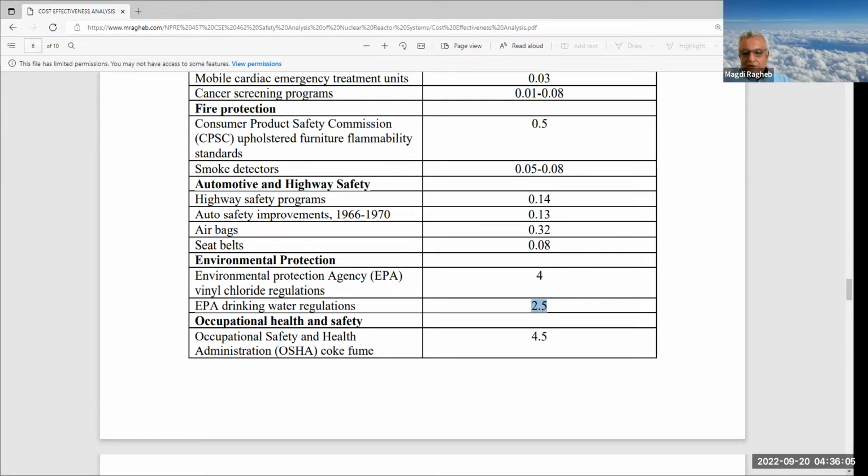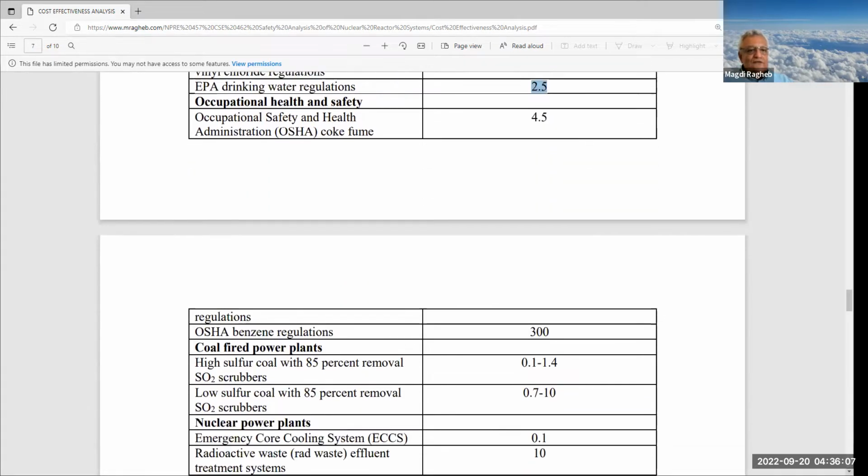Then other criteria in occupational health and safety are also part of society in terms of reducing the risk to the overall society. The coke fumes, that happens when power plants burn coal, or the steel industry burns coal to manufacture, in that case, steel, or for producing power.